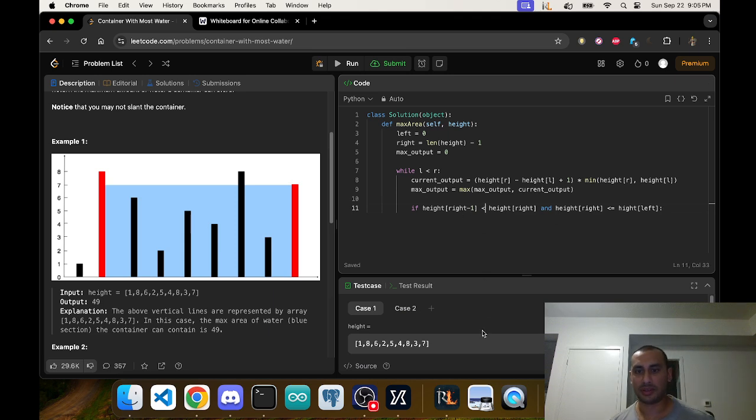So if this is greater than, so the height right minus 1 is less than, then I don't want to move it. So that means if it's greater than, I do want to move it. If the height on the right side is less than or equal to, so then also if this is greater than, oh wait, then I don't want to move it. Then I do want to move it.